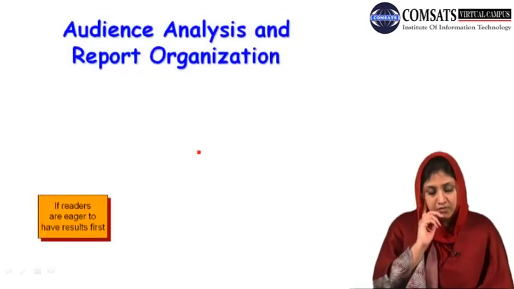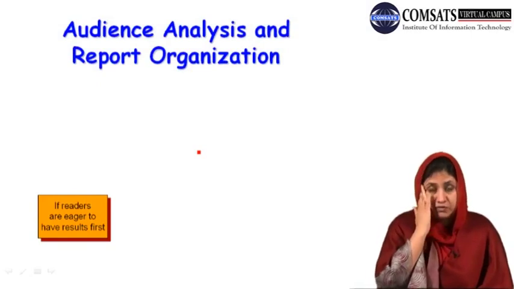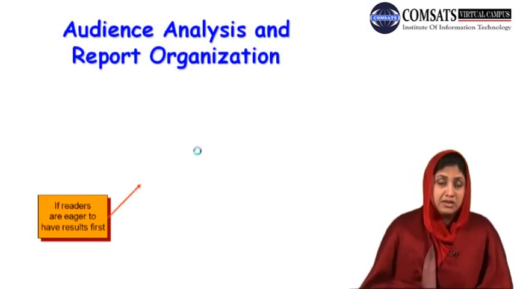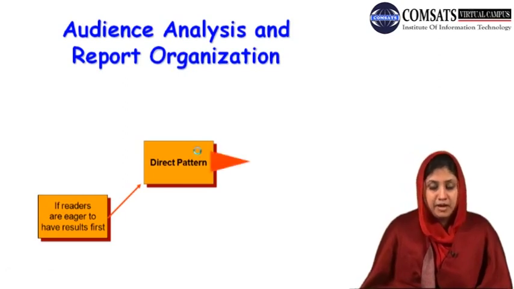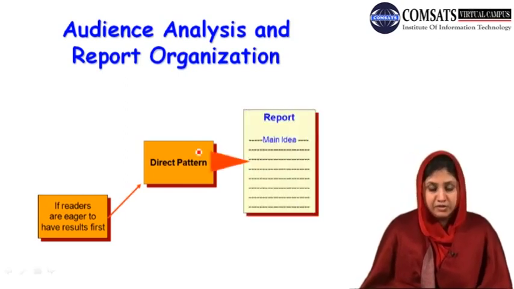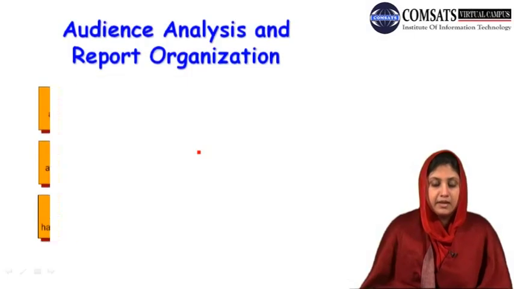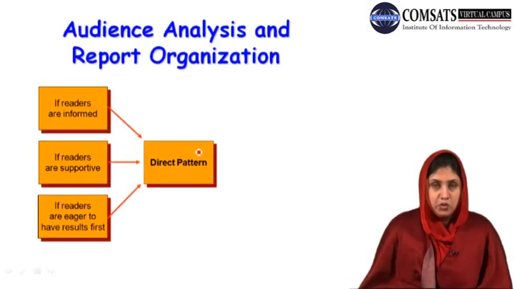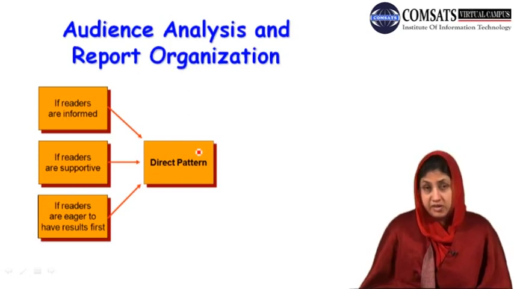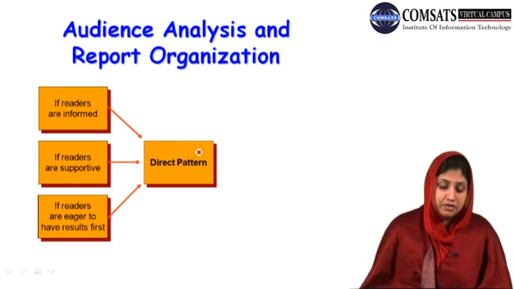In the third situation, if readers are eager to have results first, depending on the needs of the readers, then again you will have a direct plan with the idea and the results first. So in all three situations, you will follow a direct plan when your readers are informed, when they are supportive, and when they are eager to have results first.